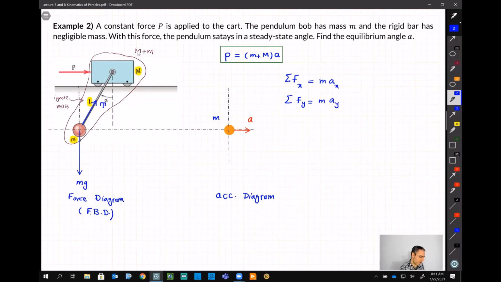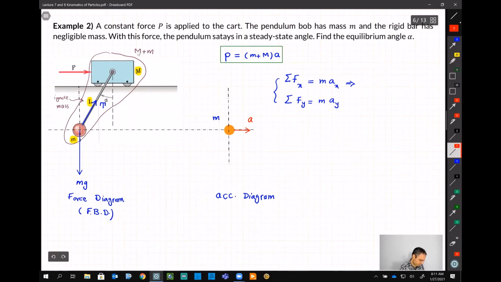So what do I have in X? Let me write it down. In the X direction, I need to find the components of these forces. Let's do that quickly. So this T, I can break it down into its components.